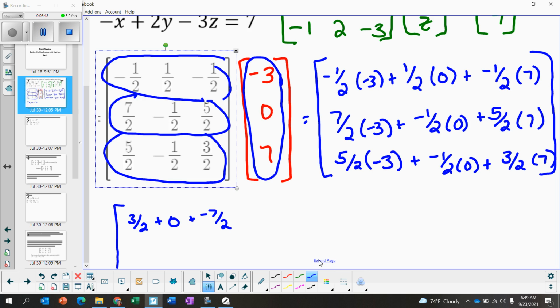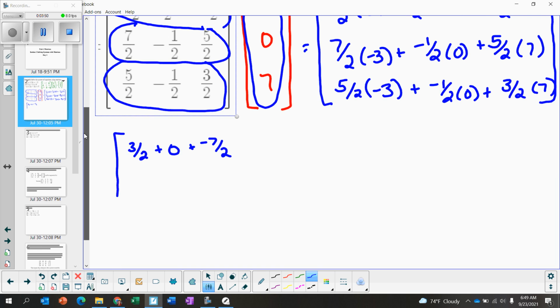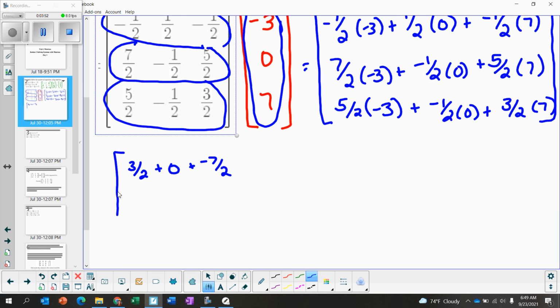All right, next line. 7/2 times -3, so 7 times -3 is -21/2 plus 0 plus 5/2 times 7. 5 times 7 is 35. And then for our last one, 5/2 times -3, that's -15/2 plus 0 plus 21/2.